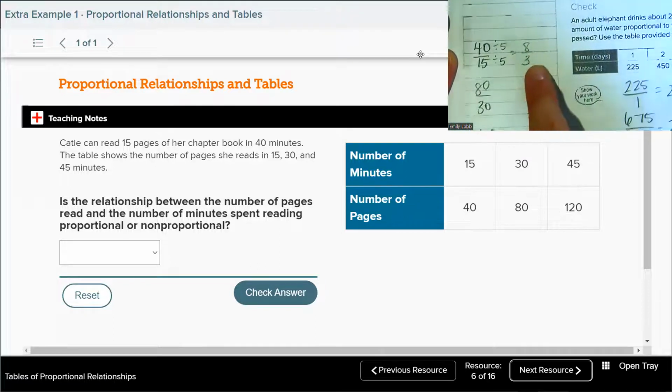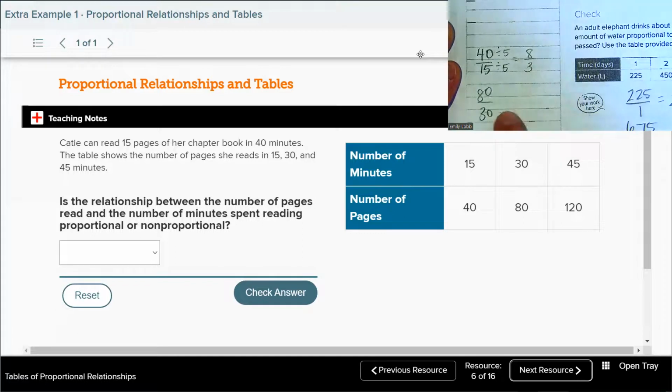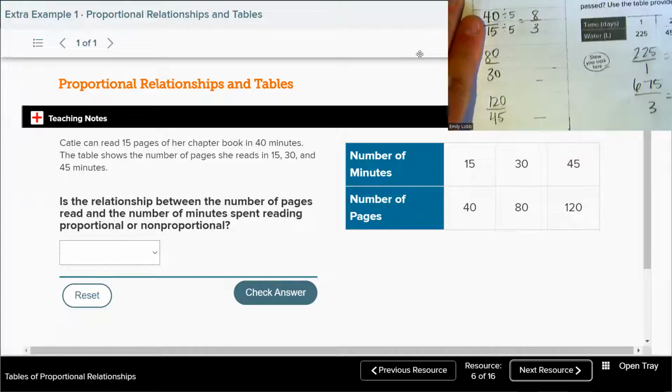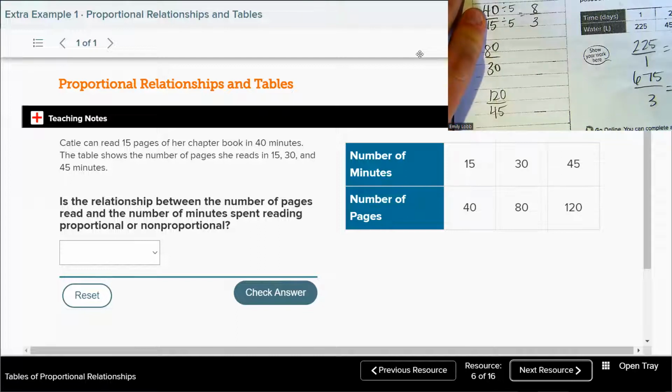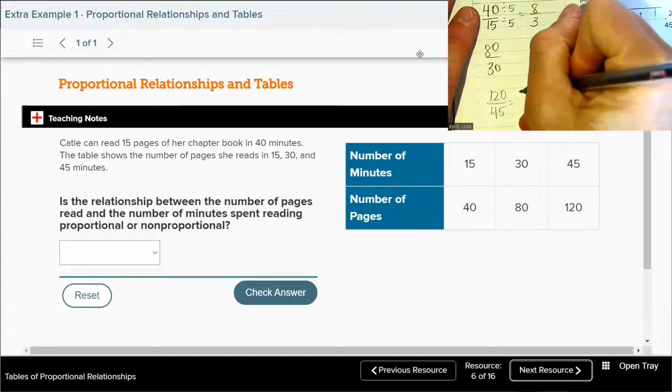So what would I do? Is 8/3 equivalent to 80/30? Yes, they're being both multiplied by 10, right? Is 8/3 equivalent to 120 over 45? Well, just by looking at it, it's hard to tell, but I could divide by 5 again here.